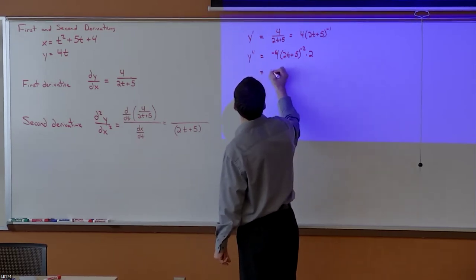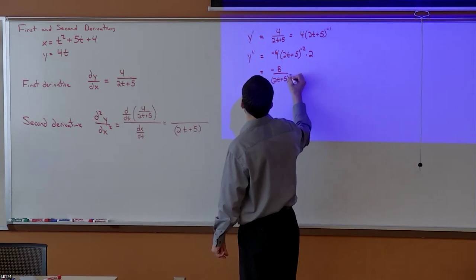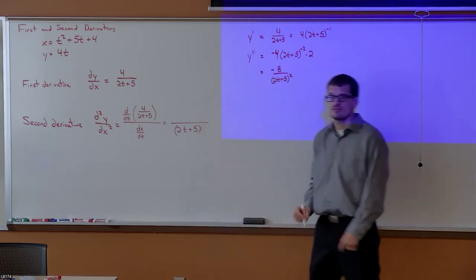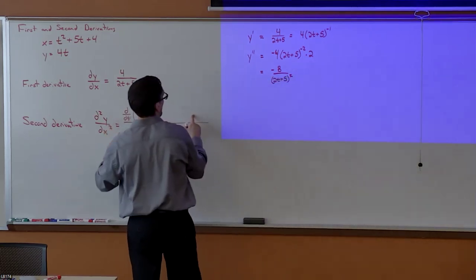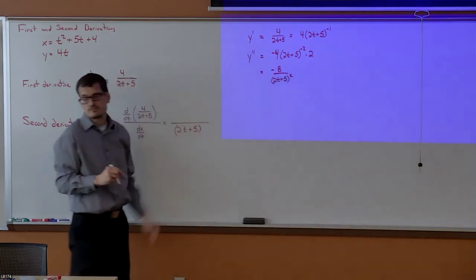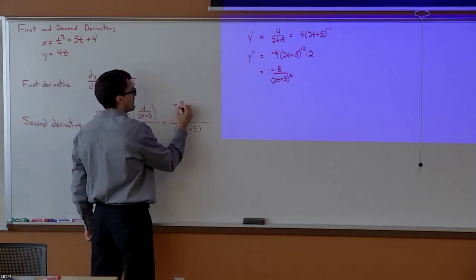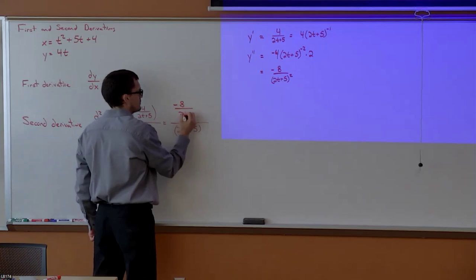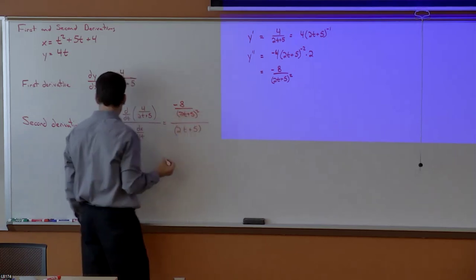So I'm going to get -8 over 2t plus 5 squared when I take a derivative. That's where it came from. So -8 over 2t plus 5 squared.